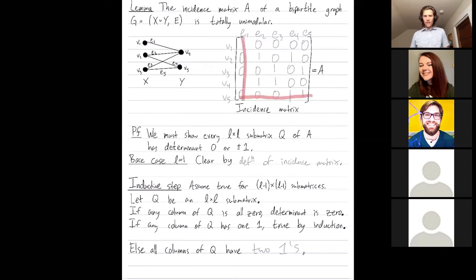Here, if I cut just that out, then the 4x4 matrix that remains, oh no, that's not right. Let's cut this out. So the 4x4 matrix that remains in the bottom right, every column has 2 ones in it. And I need to show that this matrix still has determinant 1, 0, or -1. I'll prove that this remaining matrix always has determinant 0, actually.